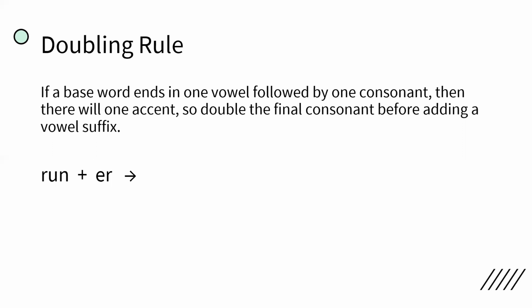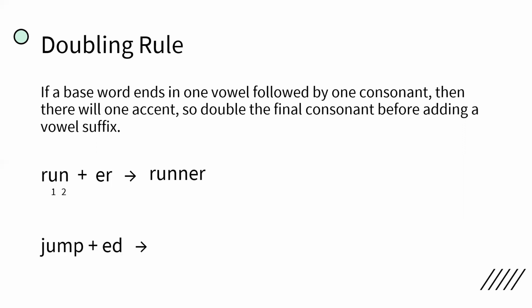Okay, so let's look at another example here. If we wanted to create the word runner, making that derivative by adding the suffix er to the base word run, we could start counting at our vowel. We have one vowel followed by one consonant. So 1, 2, double. This creates runner.